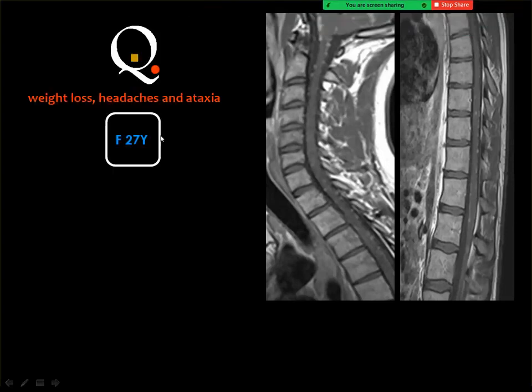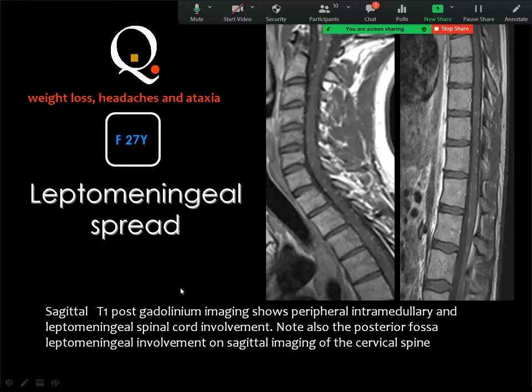Yes, the answer is right. These are leptomeningeal enhancement, which appears as nodular lesions intimately adherent to the cord substance, extending along the distance of the spinal cord.